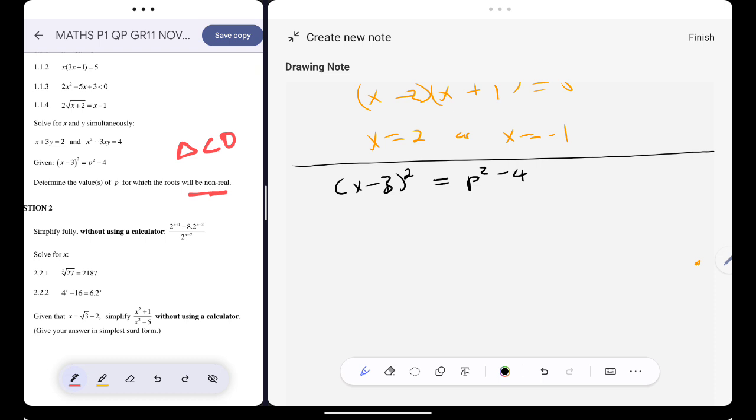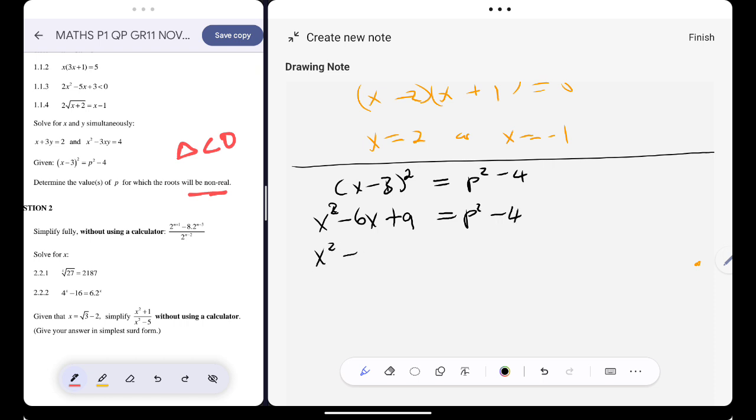Are we together? Okay, but for us to find delta, the first thing we must find, our equation has to be in standard form. So that means we must remove brackets here first. So I'll have x squared minus 6x plus 9 is equal to p squared minus 4.